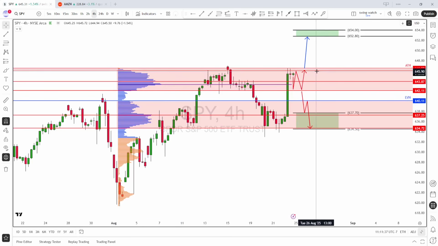So we're looking for either a breakout into an all-time high and a push up toward the upper range, or a move down and break below this edge, the lower edge of the upper distribution at 642, and a move back into this lower distribution in the 640 area, which would put the lower range of the weekly expected move in play. So you can see some of these levels here.